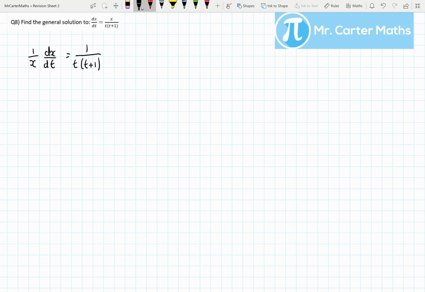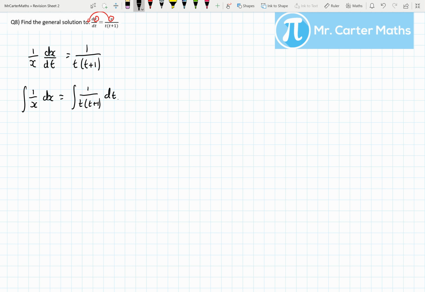Whatever variables are up here, I want to collect those terms over that side. And then to go from a differential equation to a normal equation, I need to integrate both sides. So I'm integrating 1 over x dx, and that's going to be equal to my integral of 1 over t plus 1.